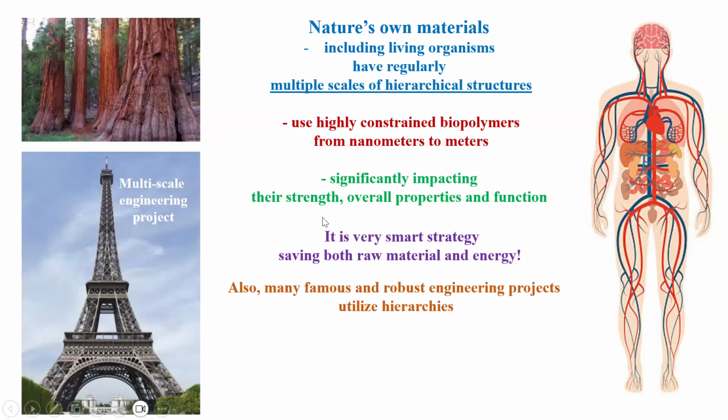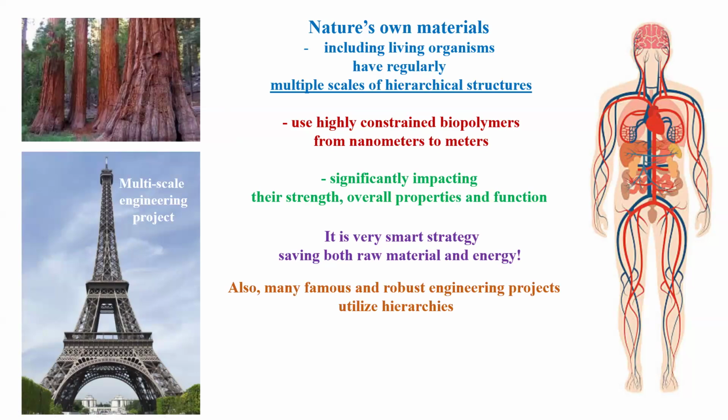So nature is using very much hierarchical systems and multi-scales in its materials, and also it uses highly constrained biopolymers from nanometers to meters. And all this will, of course, significantly impact the strength of these materials.